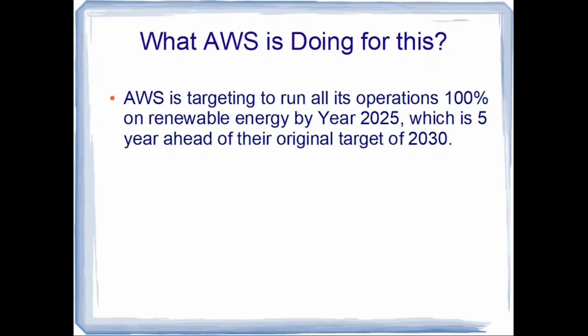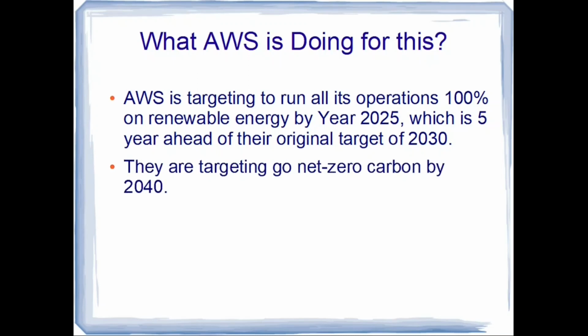Initially, they had targeted 2030, but they are 5 years ahead, which is a very good step from them. And they are targeting to go net zero carbon by the year 2040. Really, it's a very appreciable step from AWS in terms of reducing carbon footprint.